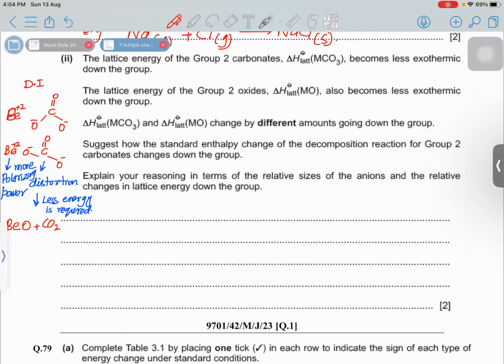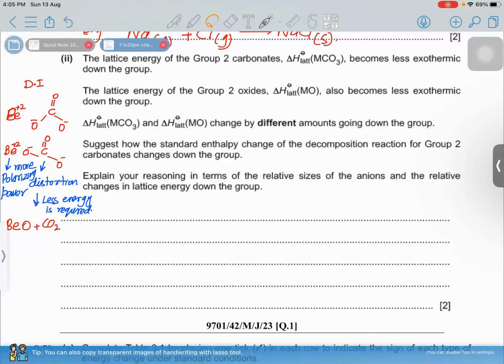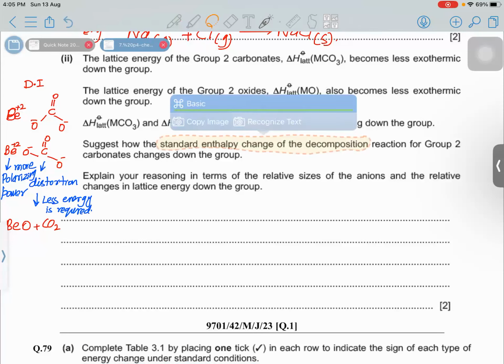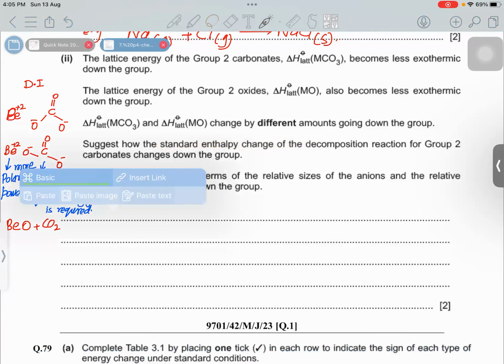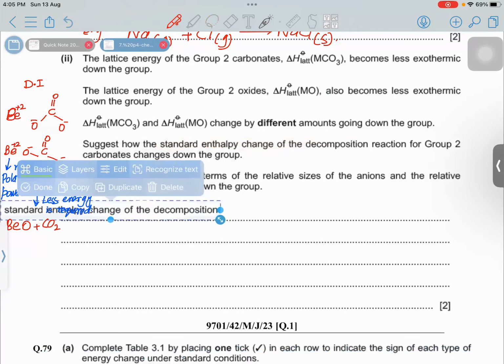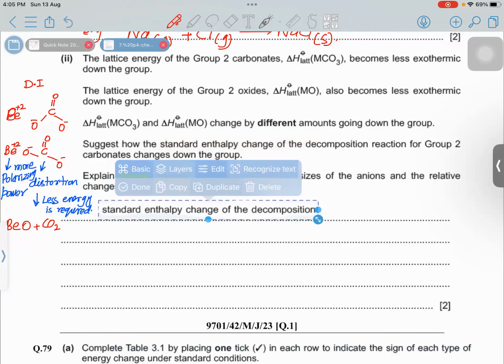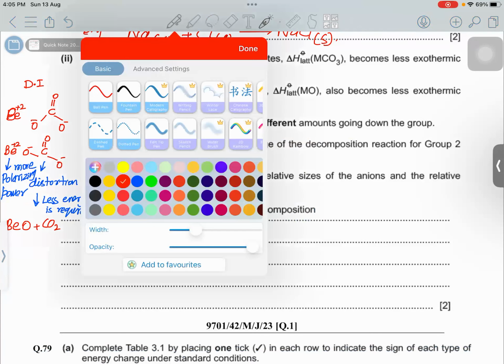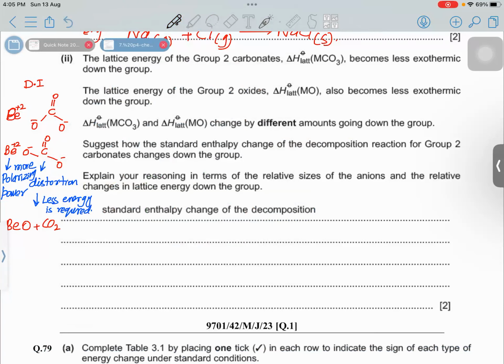So this is for 2 marks. Standard enthalpy change of decomposition. Yes, standard enthalpy change of decomposition increases.